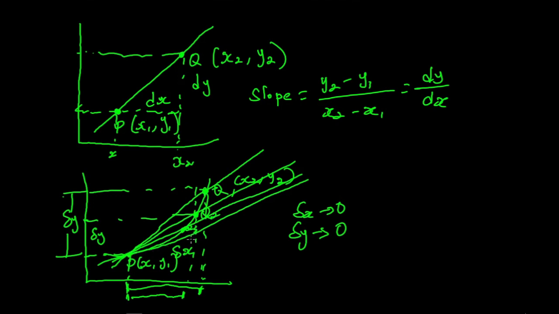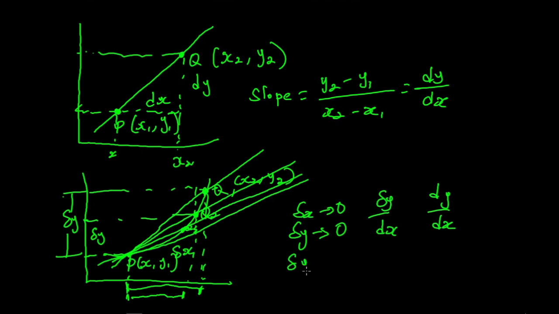If we take the slope of the curve to be delta y over delta x, and the slope of the straight line graph from here to be dy over dx. So as delta x is approaching 0, which is reducing, delta y is also approaching 0, which is reducing, and then the slope of the curve is approaching the slope of a straight line.